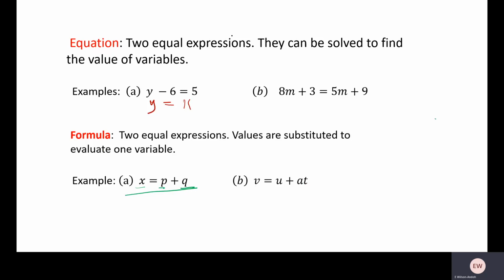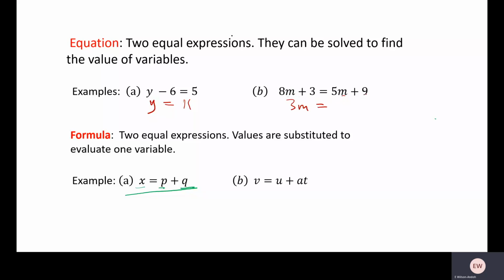And the second one, we have to group like terms because we have m on both sides. So we bring 5 to this side where 8 is, and 5 is positive here. So when it crosses the equal sign, it becomes negative. So we are going to have 8m minus 5m, which gives us 3m equals, now the positive 3 crosses the equal sign to be negative.